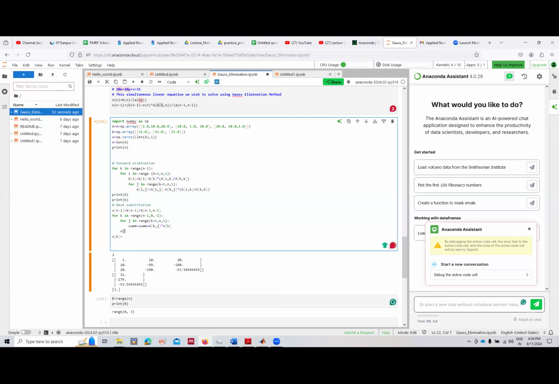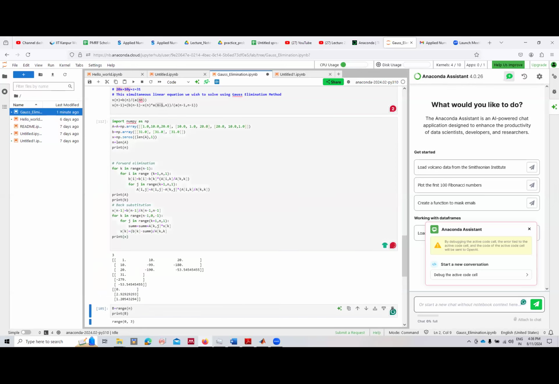My xk will be equal to, in brackets, bk minus the sum value that we got, divided by what? Divided by akk. Okay, I hope this will be my sum value. Now after doing all this, I want to print x.